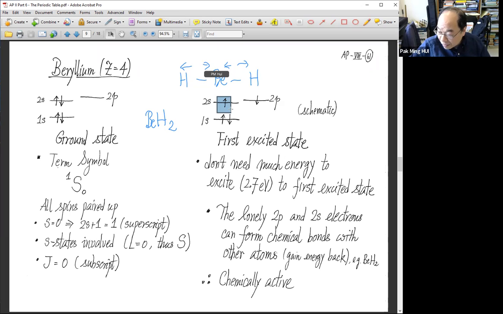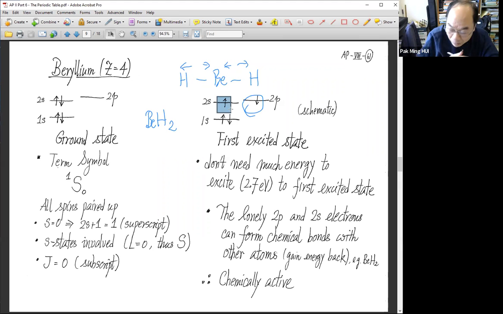So you may think, if one electron is in 2s and another electron is in 2p, they should be slightly different. So maybe one side bond with the hydrogen electron will be different from the one on p bond with the hydrogen electron. But it turns out that it's symmetric. I mean, the beryllium in the middle, the 2 hydrogen, you look at it this way, you look at it the other way, they're the same.